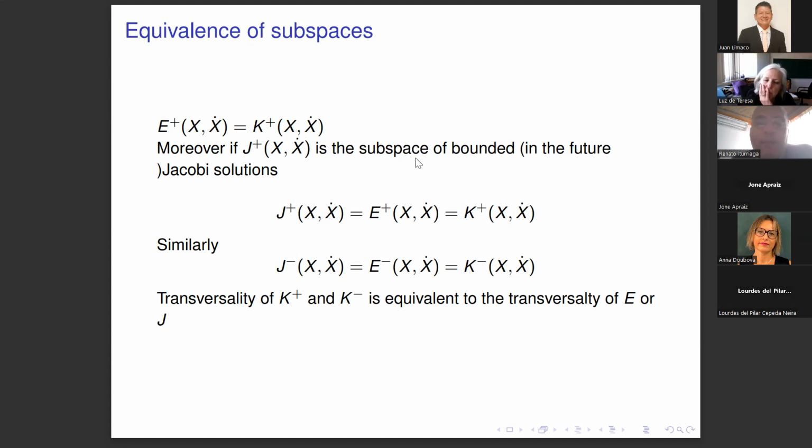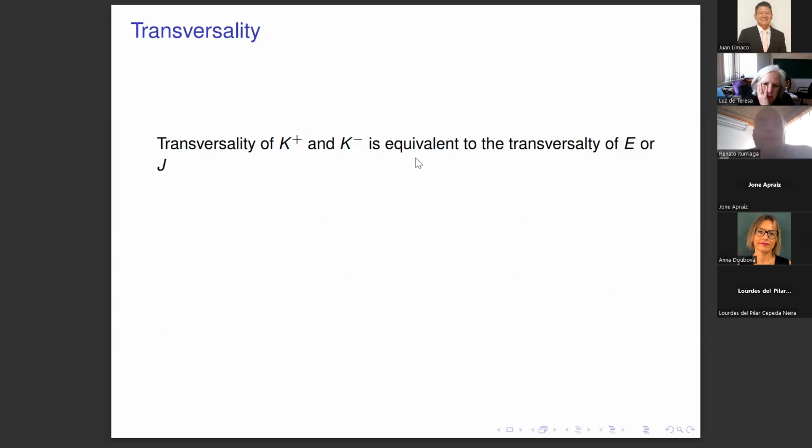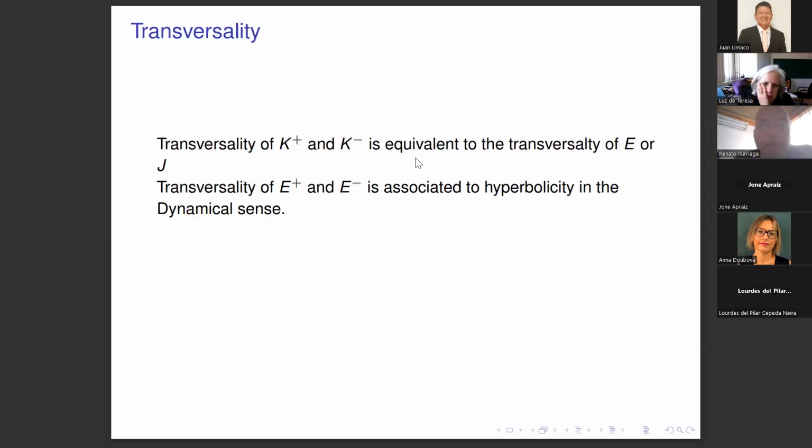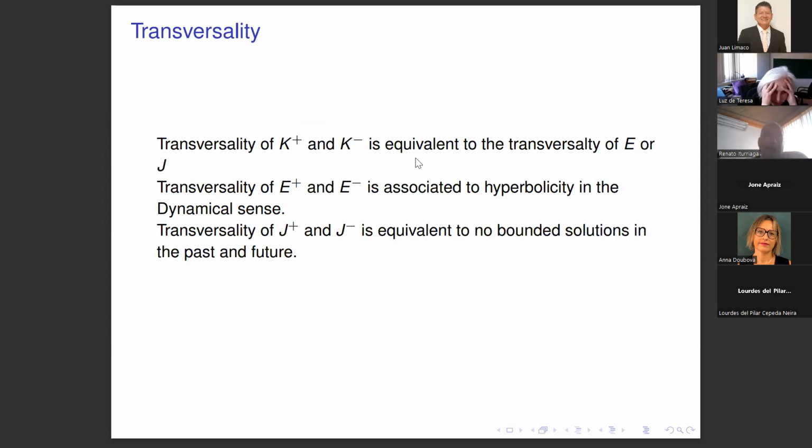And here comes an idea also. So the transversality of A plus and A minus is associated to the hyperbolicity in the dynamical sense. And the transversality of J plus and J minus is equivalent to no bounded solutions in the past and the future.